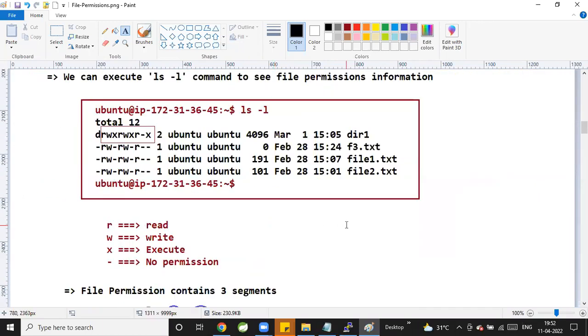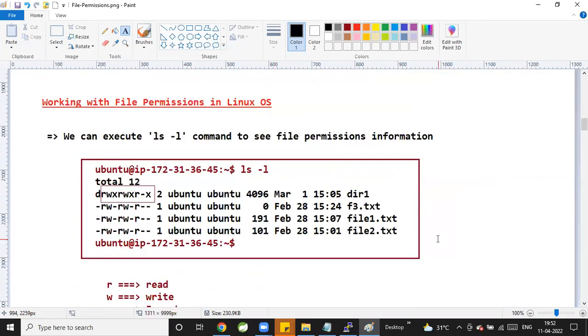In order to understand the existing file permissions of a file, we use the ls -l command. ls -l will do a long listing of the files. There we can see file permissions.